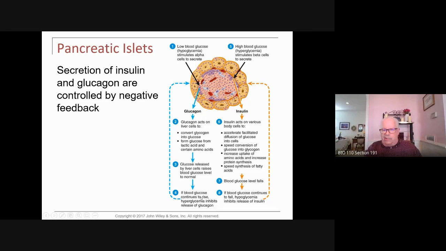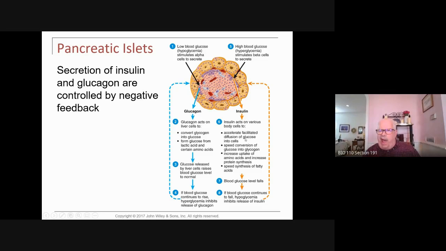If your glucose levels get too high, then you have hyperglycemia. Hyperglycemia not only inhibits the release of glucagon, but it also stimulates the beta cells of the pancreas to secrete insulin. Insulin will accelerate facilitative diffusion of glucose into cells.